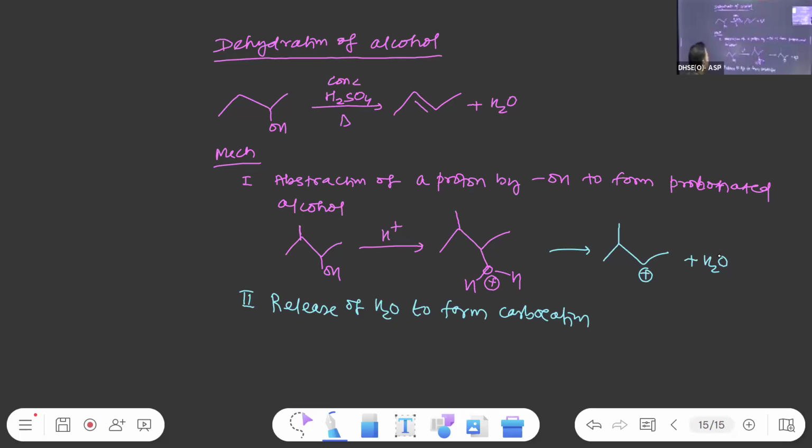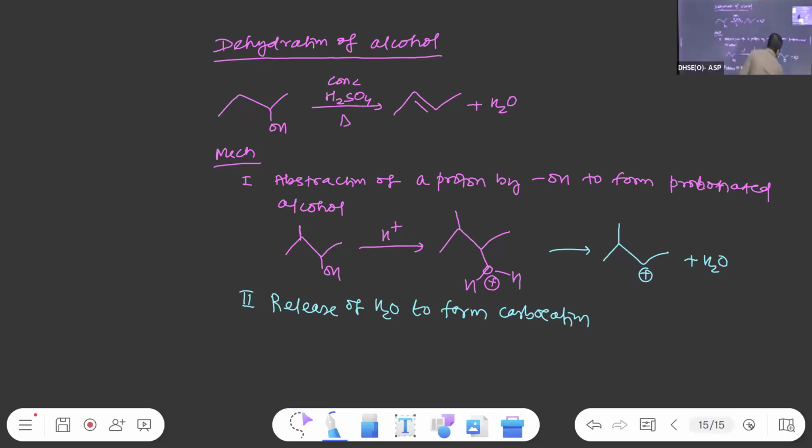And friend, always remember one thing: in any reaction, if a carbocation intermediate is formed, then it may undergo rearrangement to form a more stable carbocation. Okay, to form a more stable carbocation.